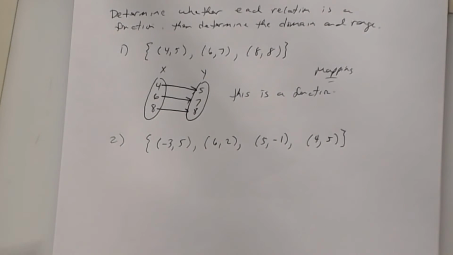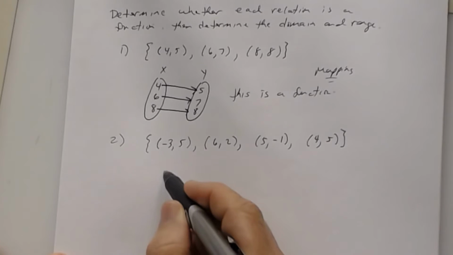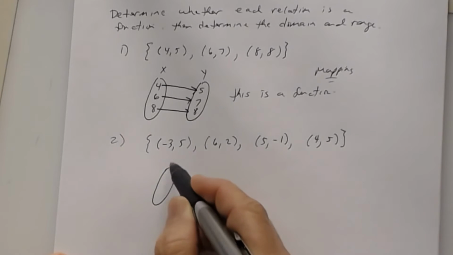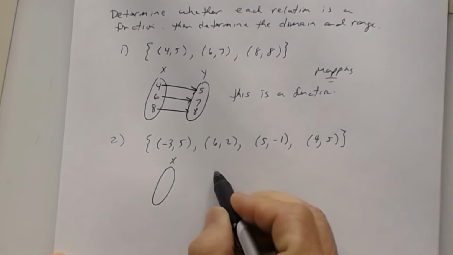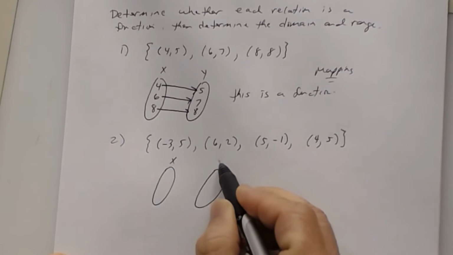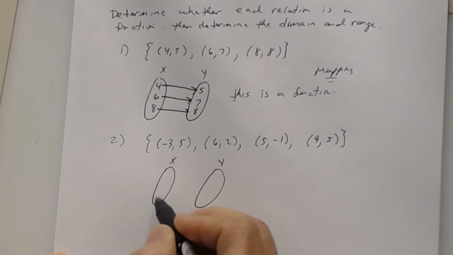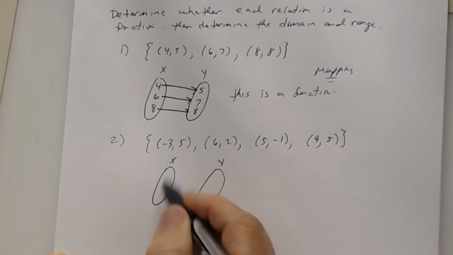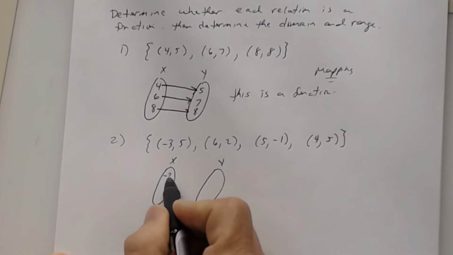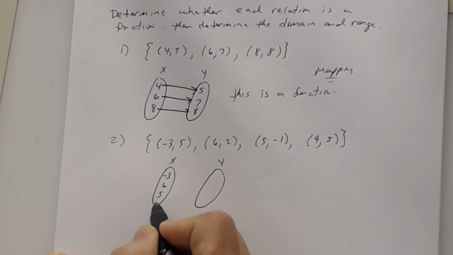So some of you can look at this right away and determine whether it's a function or not. Go for it. If you can't, you may want to use that idea of a mapping. So we can list the domain. Remember, the domain is the set of x coordinates. So what are the x coordinates here? -3, 6, 5, 4. All right, like that.